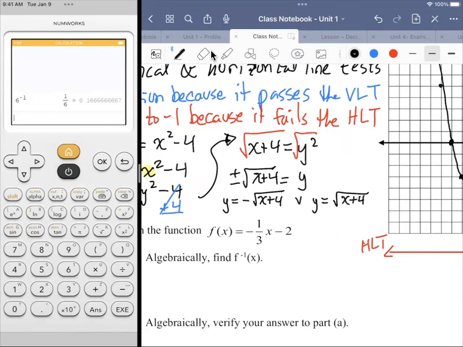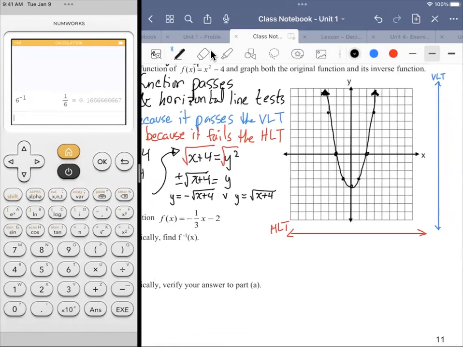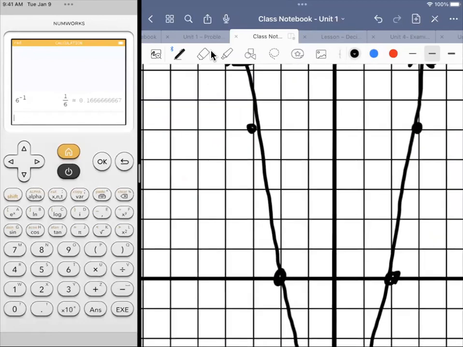Now, if I wanted to create the graph just based off the points, I could do that, because remember earlier I said, if you're finding an inverse, you're switching the x and the y coordinates with one another. So for example, this point over here is (-3, 5).